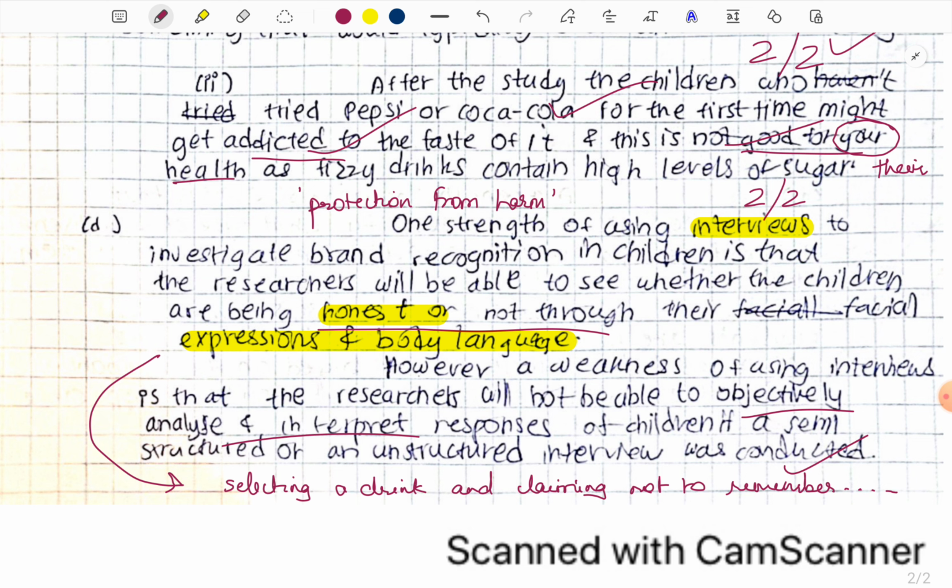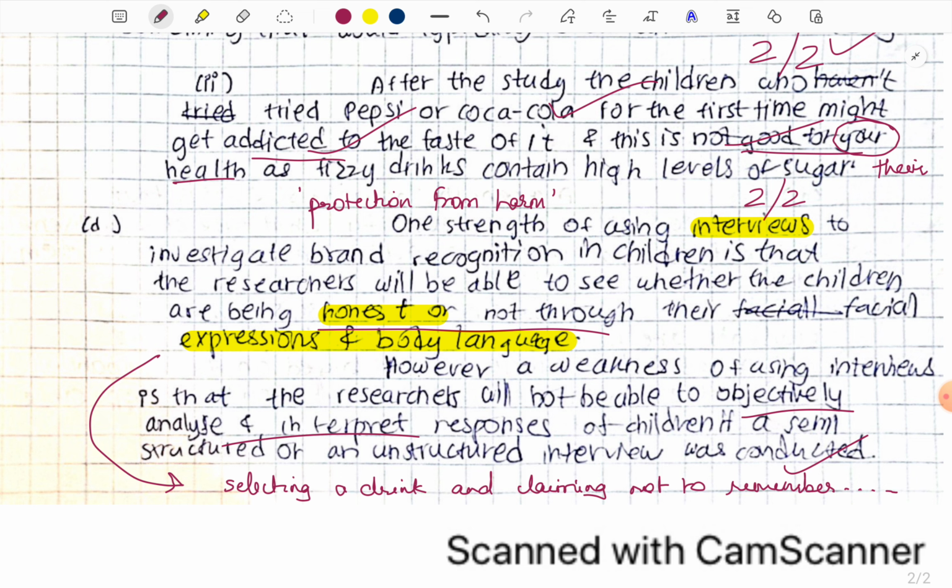So again, to contextualize it, let's say children are talking about which drinks they prefer in open questions, answering on their own. If they say something like they usually have Pepsi, the researchers might interpret it as they like Pepsi, but that's not necessarily what they're conveying.